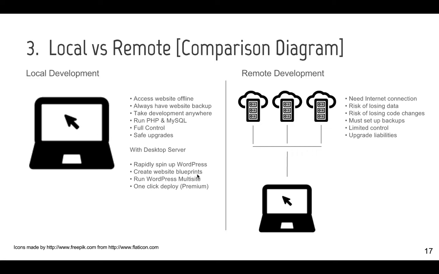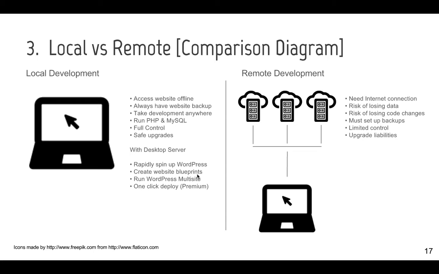And the other reason why you want to do local with just regular plain Desktop Server is that you can have safe upgrades. So that when WordPress comes out with a new upgrade for a theme or a plugin, you can safely test an upgrade or test a different plugin or test a different theme on your desktop without messing things up or tearing things down.